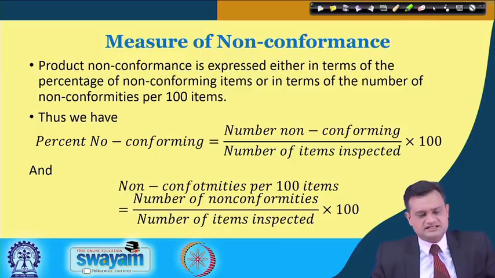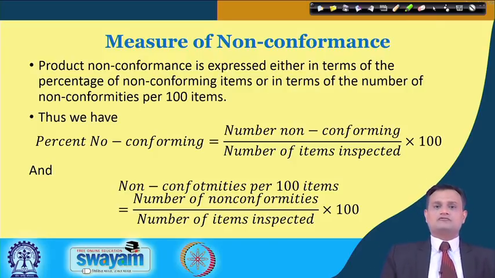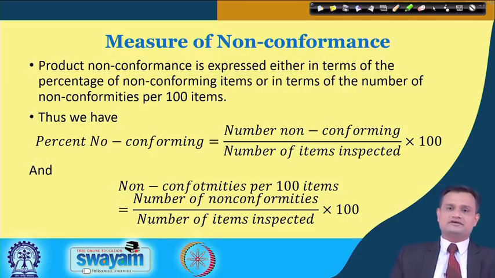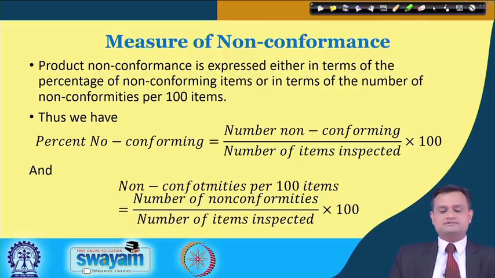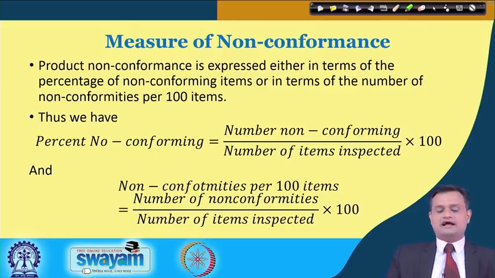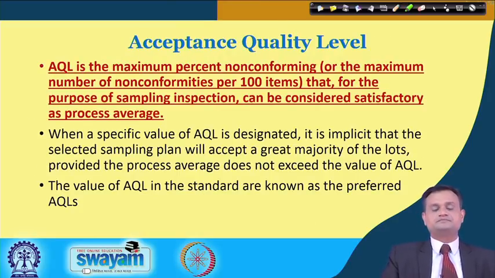Now, for the measure of non-conformance, the percent non-conforming can be found as the number non-conforming divided by the number of items inspected, times 100, or non-conformities per 100 items: take the ratio of the number of non-conformities to the number of items inspected and multiply by 100.